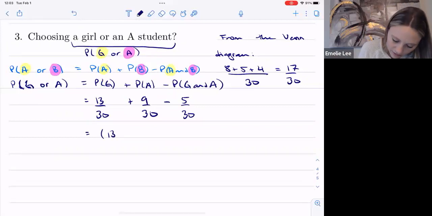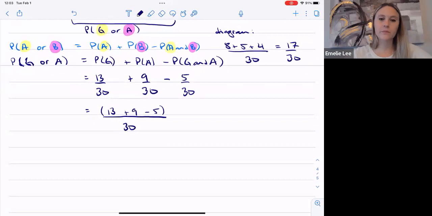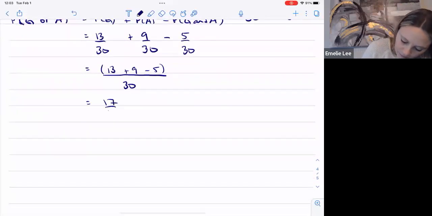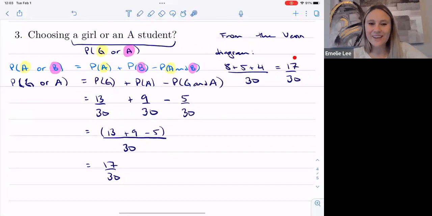So I get 13 plus 9 minus 5 over 30, which is 17 over 30. Which is the exact same answer that we found from the Venn diagram.